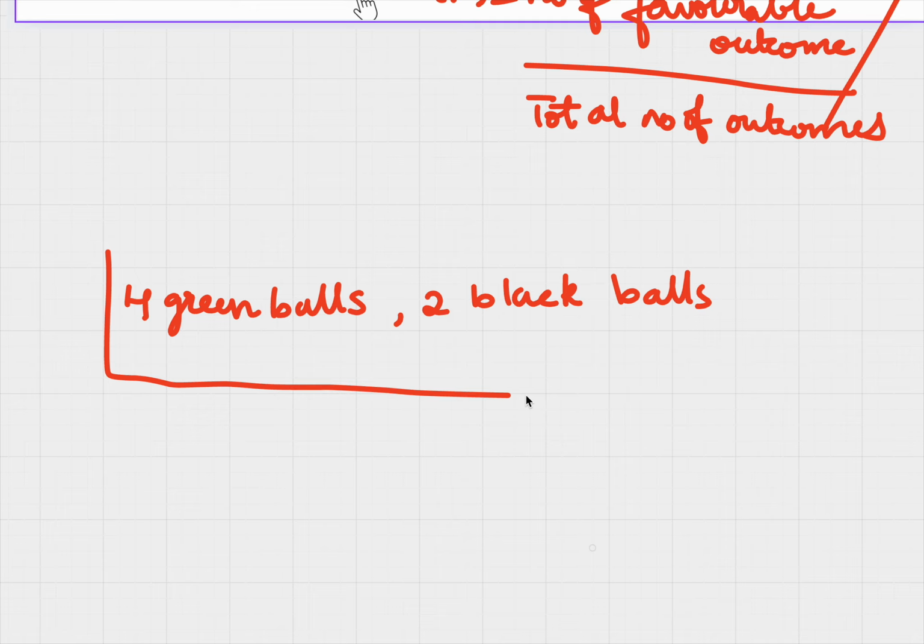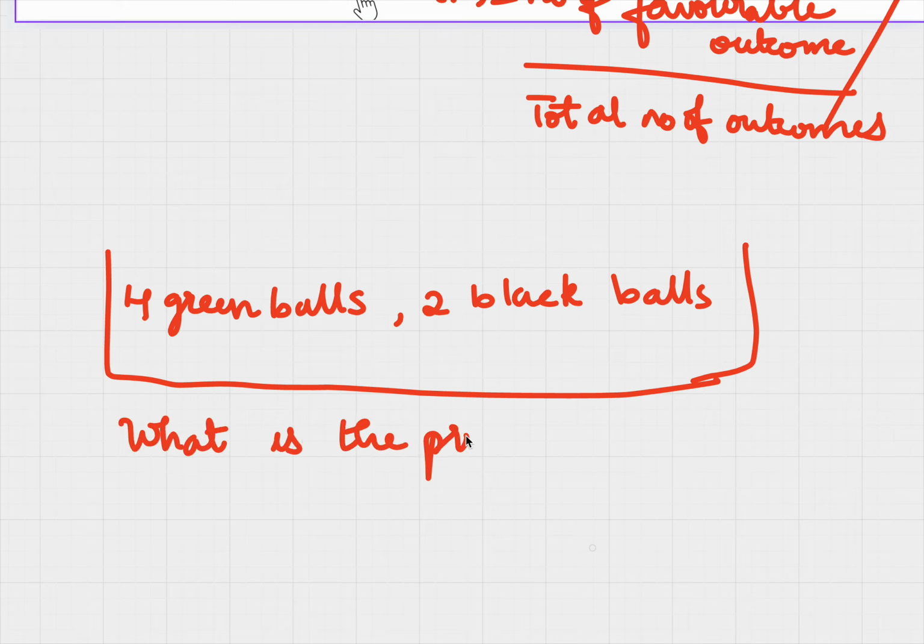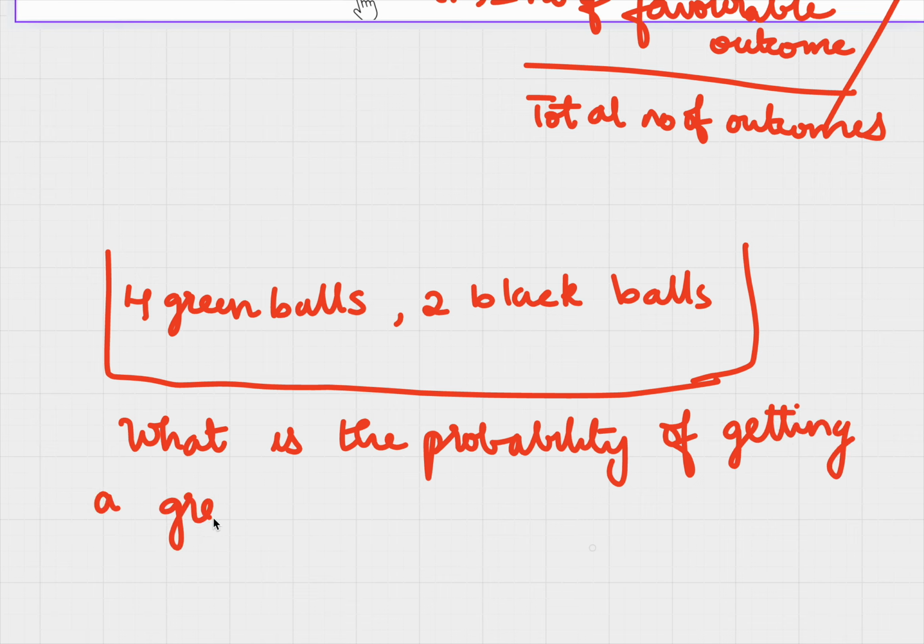Let's say these are both in a box and you have to randomly pick one ball. Now I ask, what are the chances of getting a green ball? Or I may ask, what is the probability of getting a green ball?